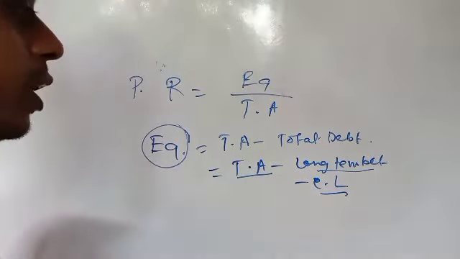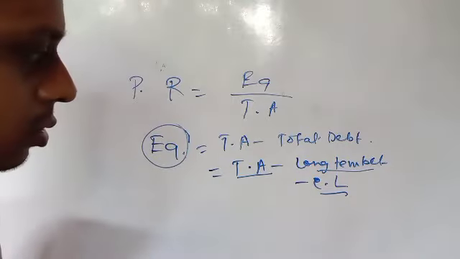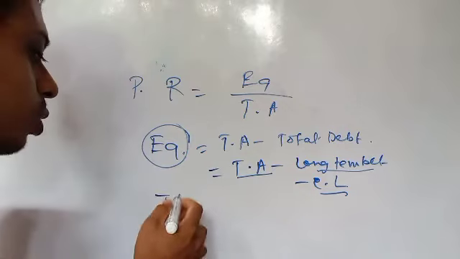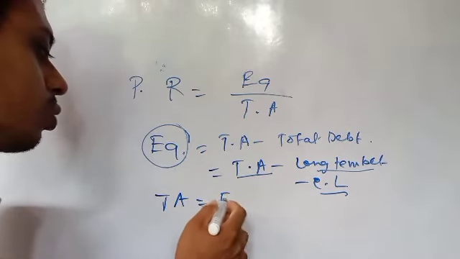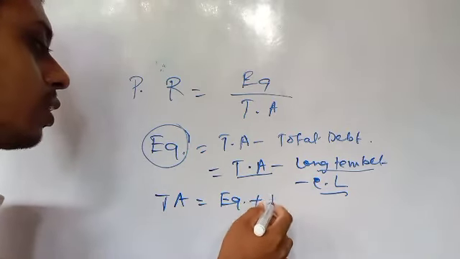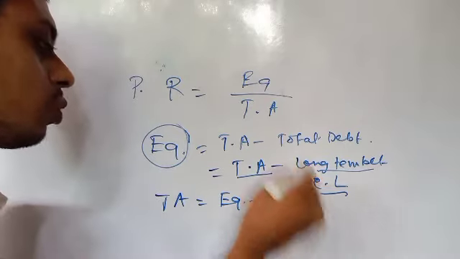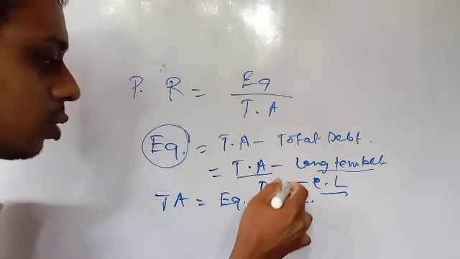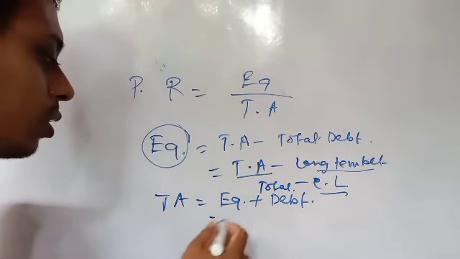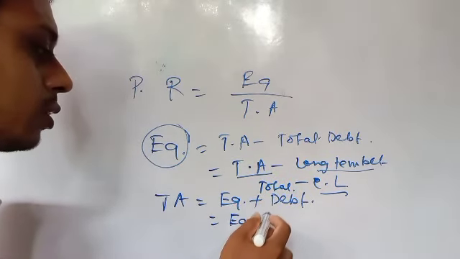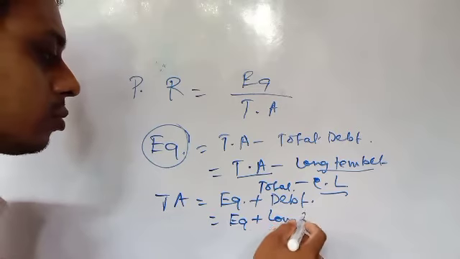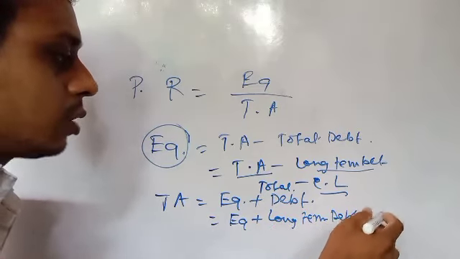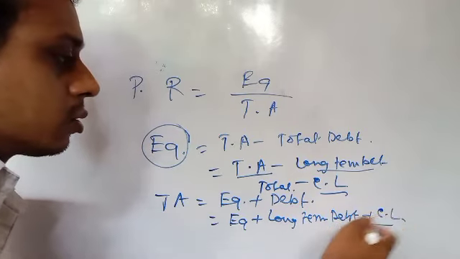Okay, suppose you need the total asset, but all the liabilities information is given, then total asset equal to equity plus debt. Equity plus debt means total debt. Equity plus total debt, or equity plus long term debt plus current liability.